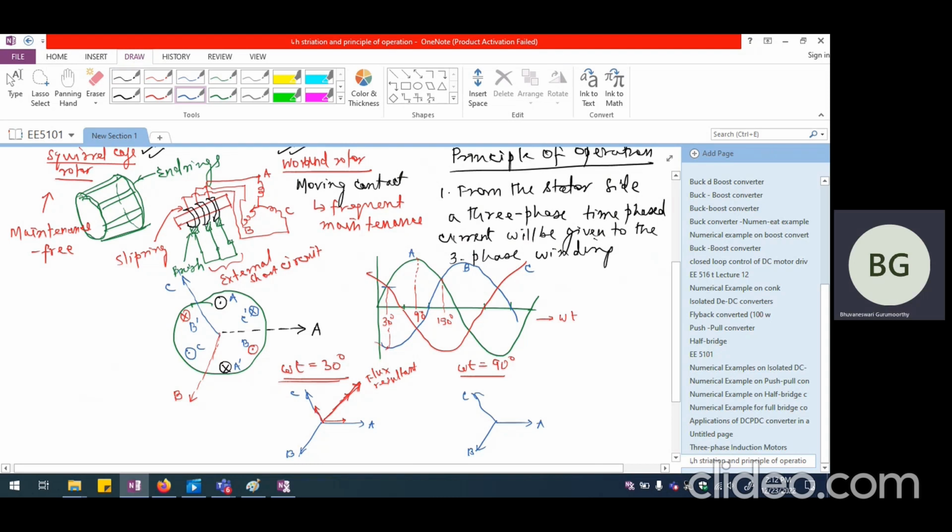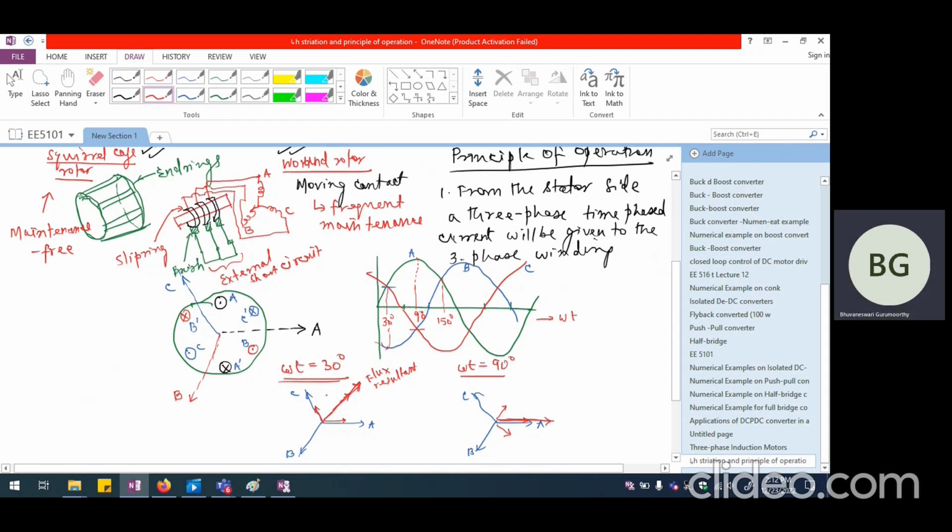A phase is at its peak, so I'm going to have the peak current along this direction. B and C phases are both on the negative side, each at 50% of the value. So B negative will be along this direction and C negative will be along this direction, and the total flux is going to be along this direction.